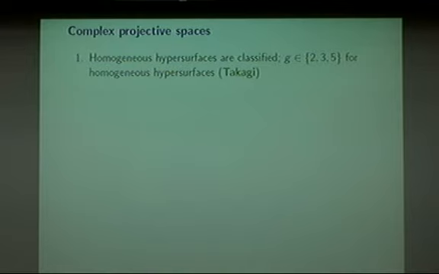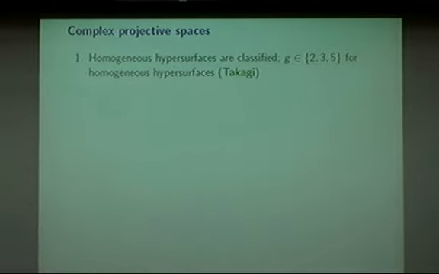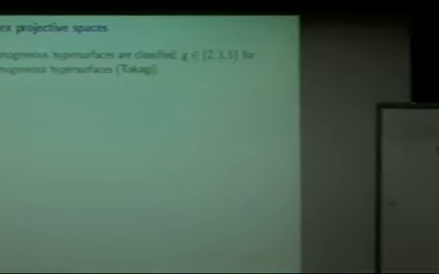One can write down the curvature tensor explicitly, so a lot of information is really known. One can write down the Gauss-Codazzi equations explicitly, so that's fine. Now the homogeneous hypersurfaces in complex projective space were classified by Takagi, and the proof for this is not so difficult.